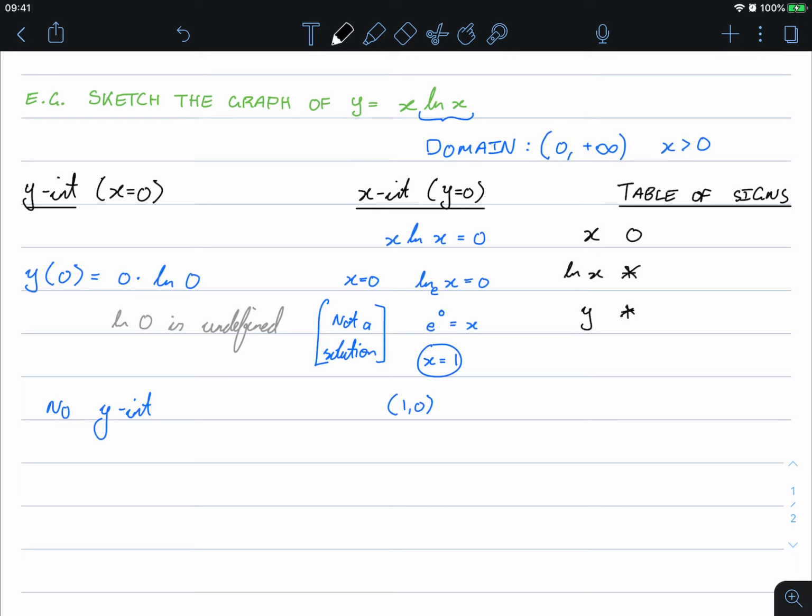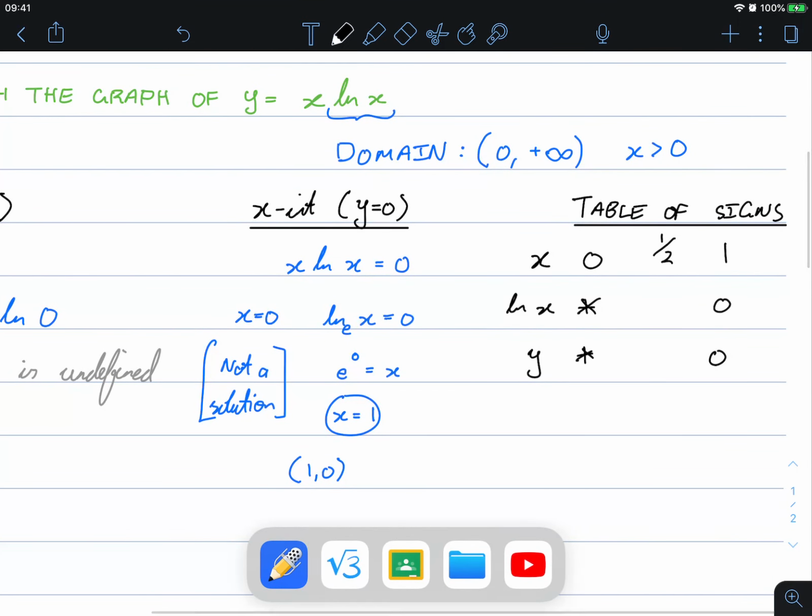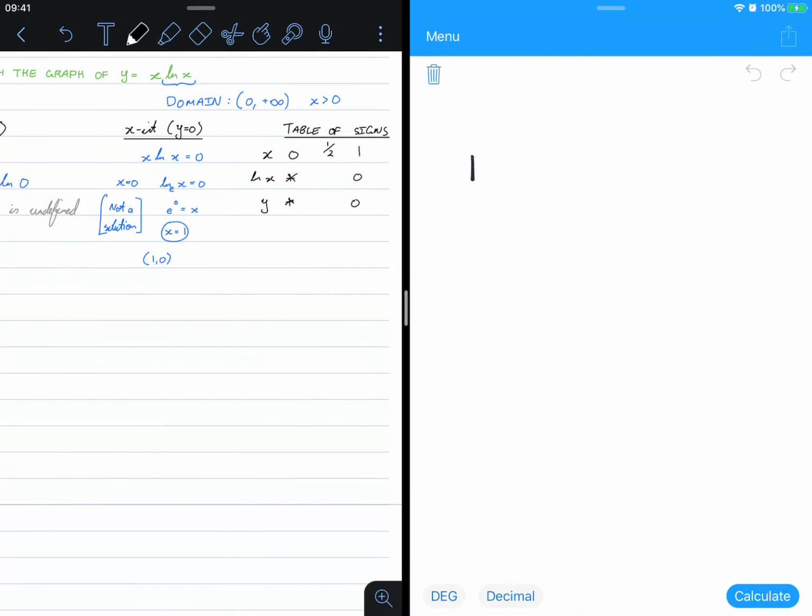The next value I'm going to be picking is 1. And as we saw, ln of 1, that's 0. Well, 1 times 0, that's 0. So this is on the x-axis. Let's do half now. For this, we'll check ln of 0.5. That's negative.